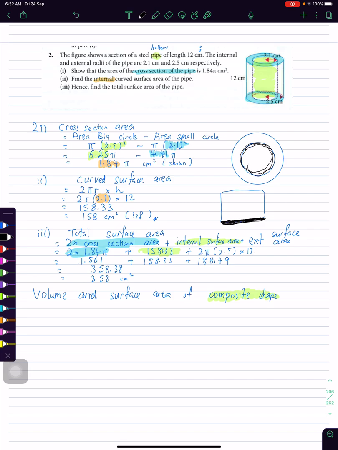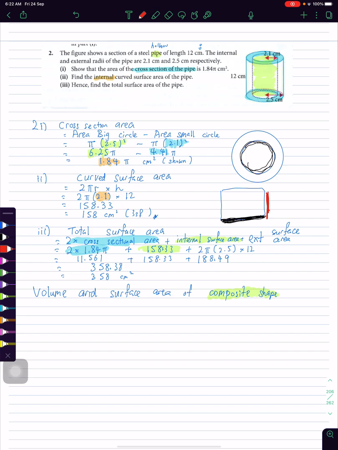And the height here actually represents the height between the top base area and the bottom base area. So in this case, it will be 12. Okay, so this area will be length times breadth, which is the circumference of the circle times the height. So when I work that out, 2 times pi times 2.1 times 12, I will get 158.33, round off to 3SF, 158.